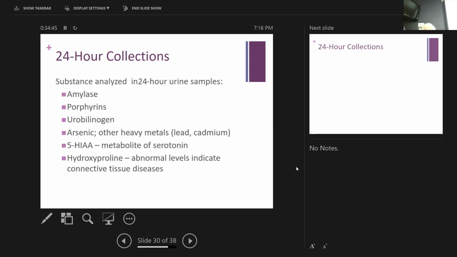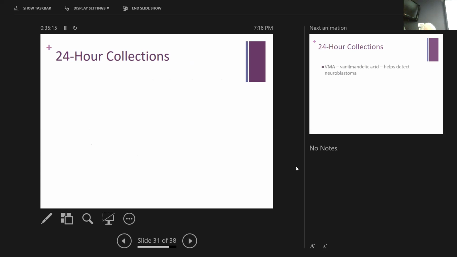Obviously, arsenic or heavy metals like lead, cadmium, tungsten, few other things that we might get in our urine. We have metabolites of some of the drugs or some of the substances that we know can be produced by a sick adrenal, and then hydroxyproline.